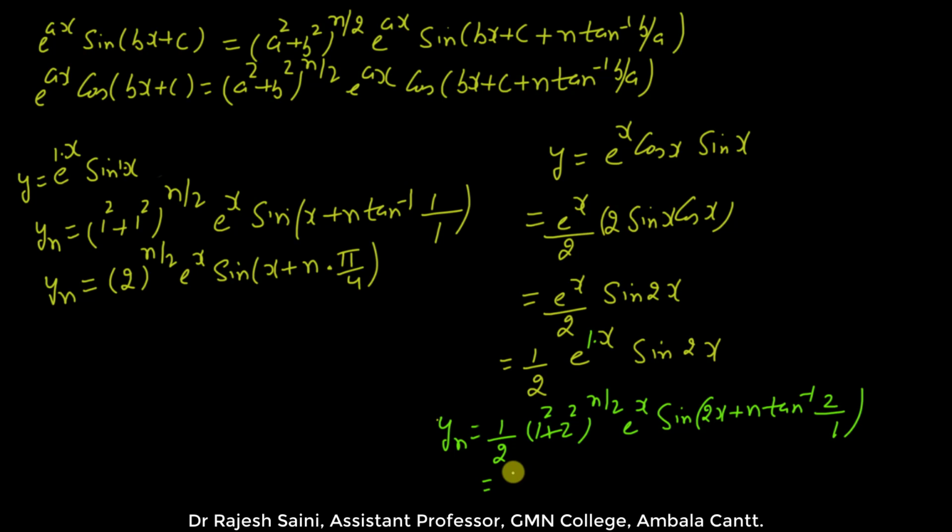So this will be 5 raised to the power n by 2, e raised to the power x sin(2x plus n tan inverse 2). This is the nth order derivative in this particular case.